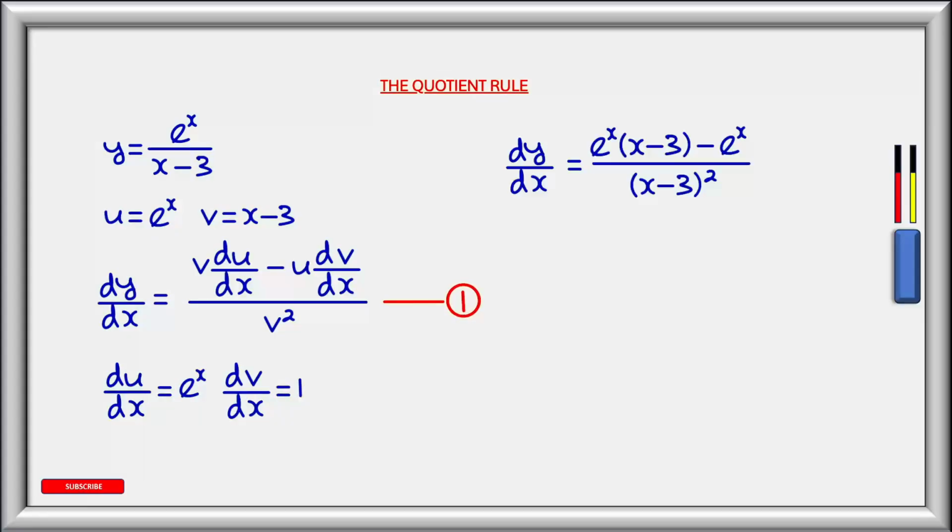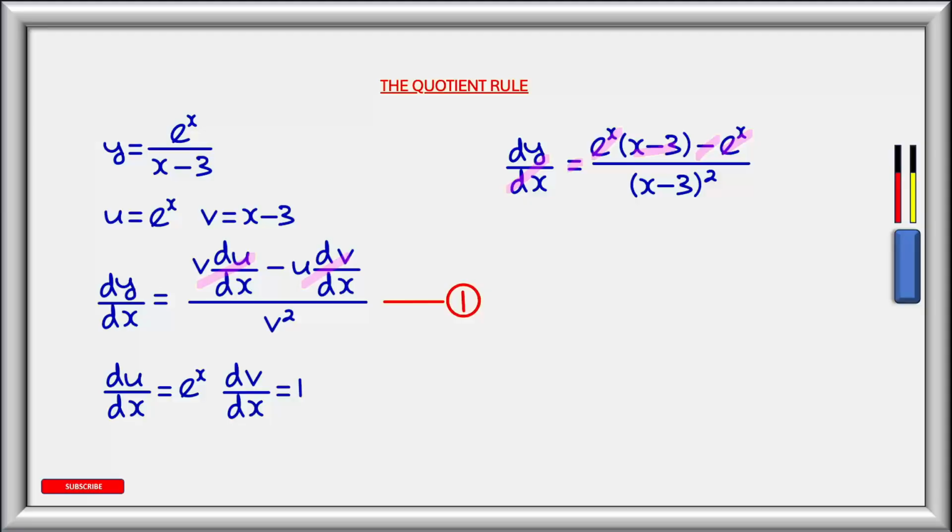If we now plug all these results back into equation 1, we have the derivative of y with respect to x is equal to v multiplied by du dx, which is e to the power of x into the bracket of x minus 3, minus u dv dx, which is equal to e to the power of x.